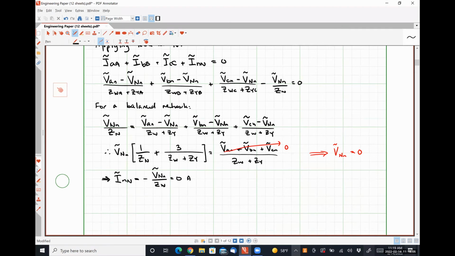The purpose of the neutral conductor is to carry phase imbalance, okay? So the reason why neutral conductors exist in real three-phase systems is because of any potential imbalances that may occur.